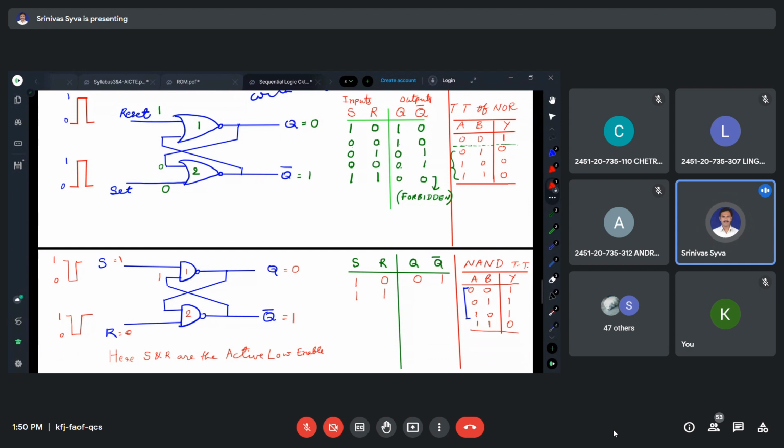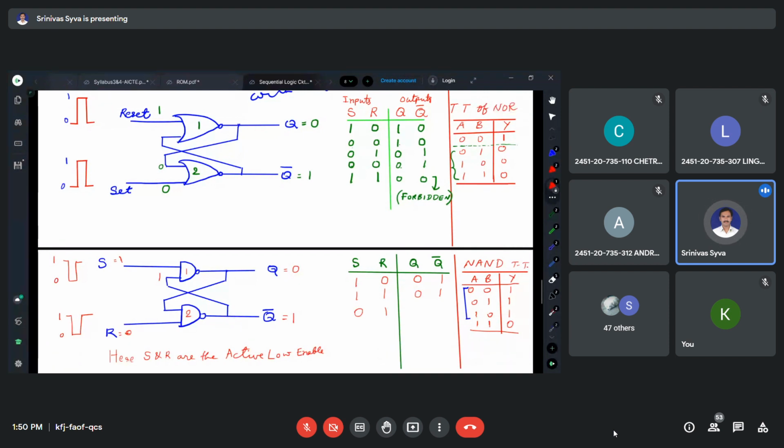One point you have to note down. When they are low, their intended operation will be realized. So here both are 1 1, so their intended operations will not be realized. Whatever was available previously, they will continue. That is your 0 1. If it is made 0, then the intended operation will be realized.